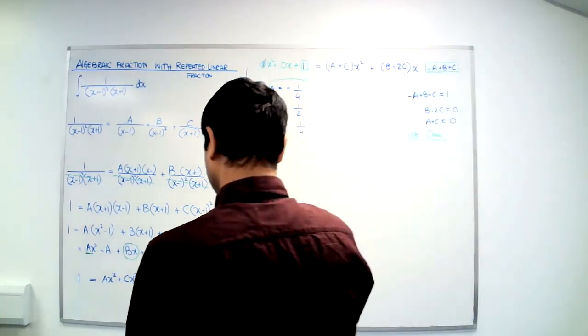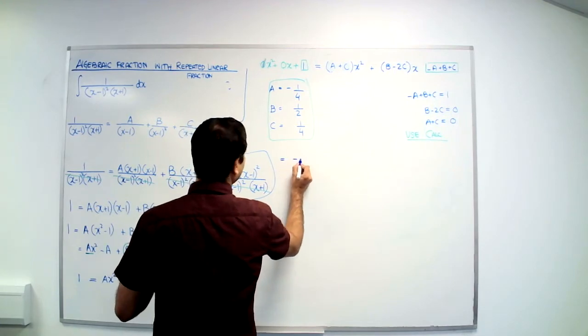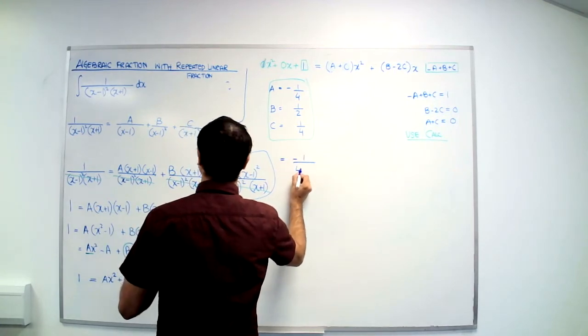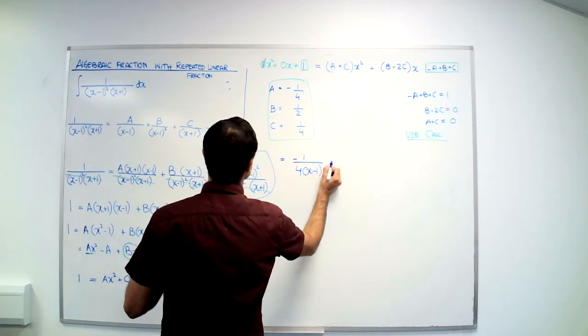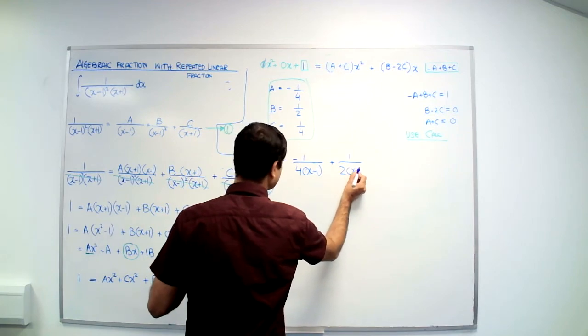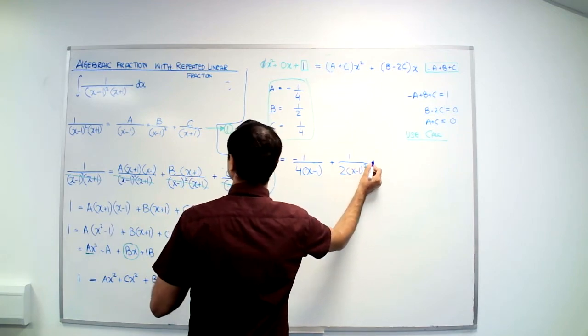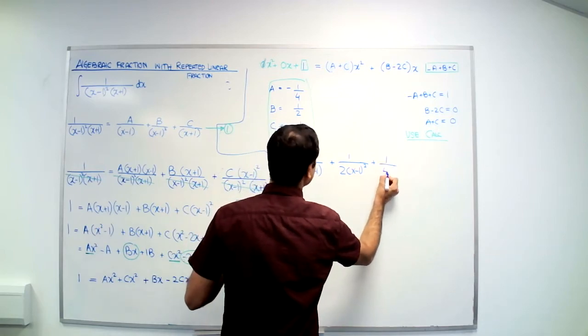That will become, instead of A is -1/4, x minus 1. B is 1/2. C is 1/4, x plus 1.